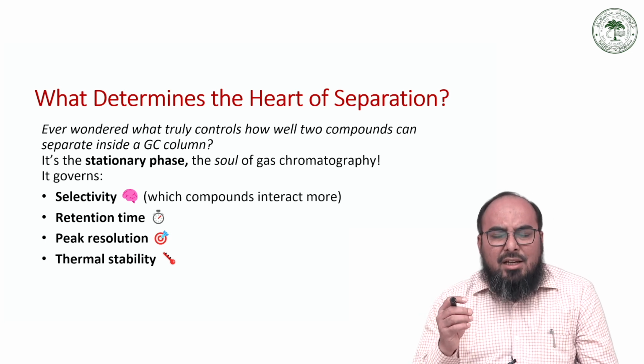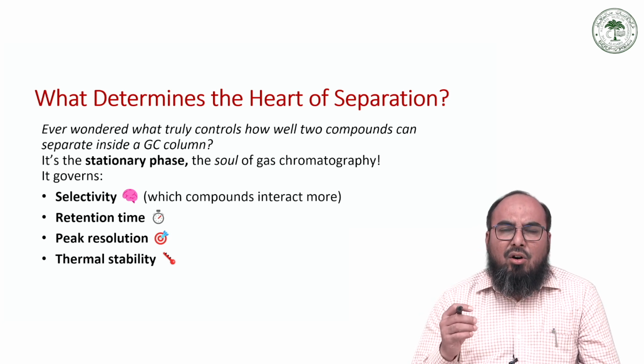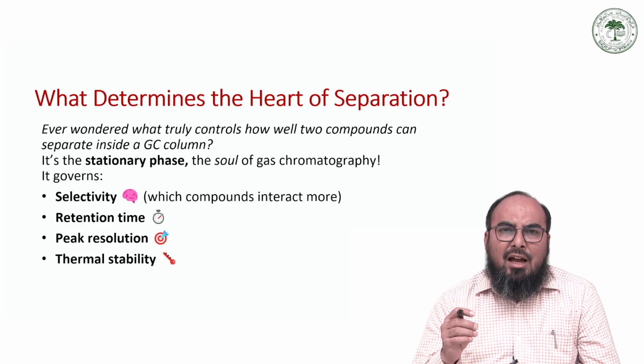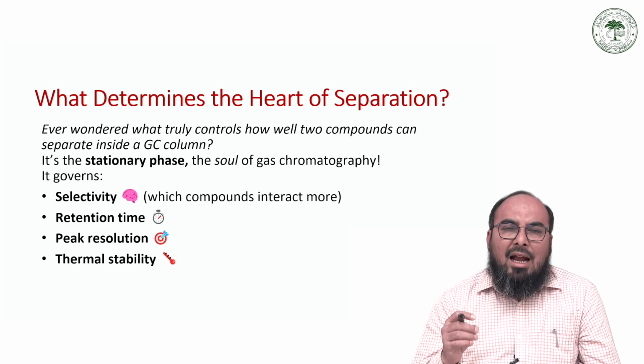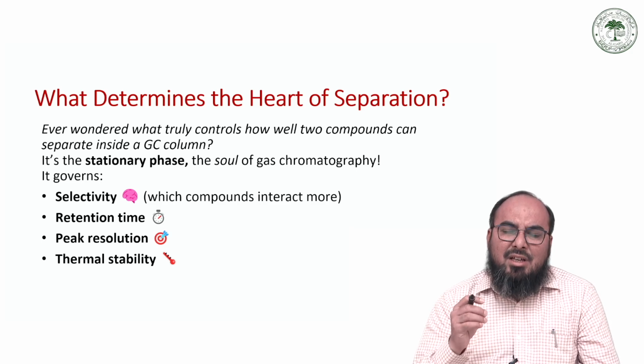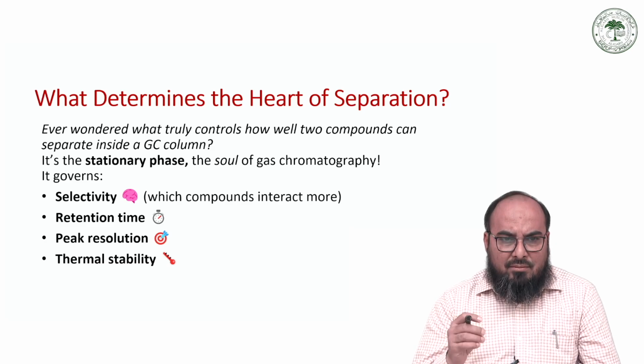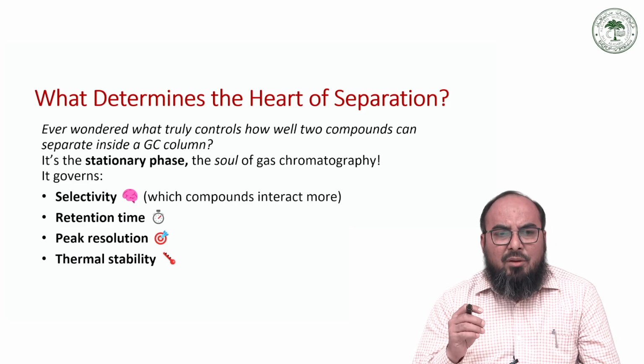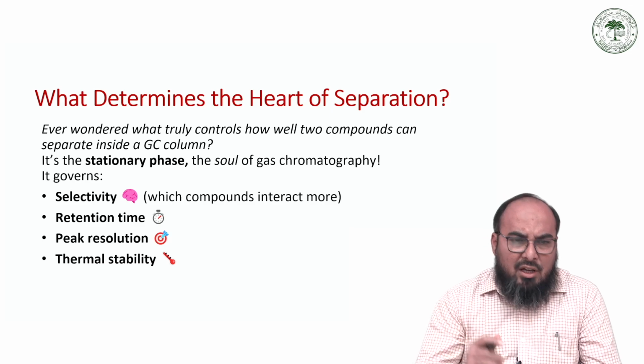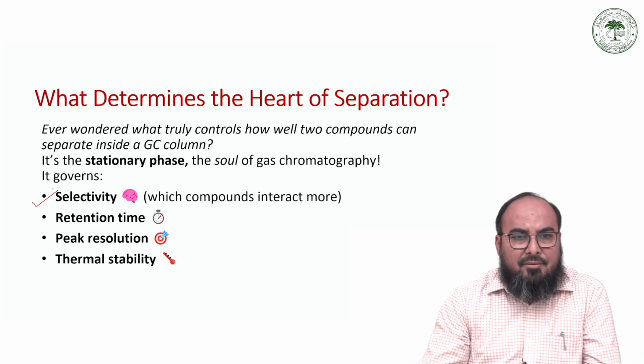So the most vital part of any gas chromatograph is the column, and the success of separation depends upon the efficiency of its column.